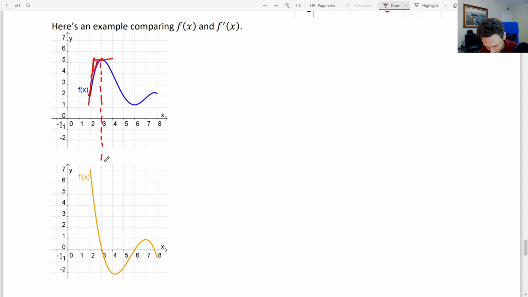These graphs are all lined up. Notice that this corresponds with f prime, or in other words, the derivative equaling 0. The f prime is representing the slope of the tangent line, and here the slope of the tangent line is 0. So we would expect the derivative to be 0 at x equals 3.